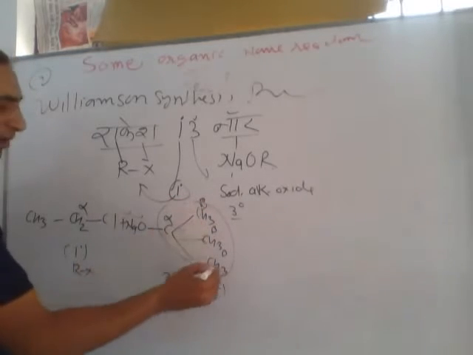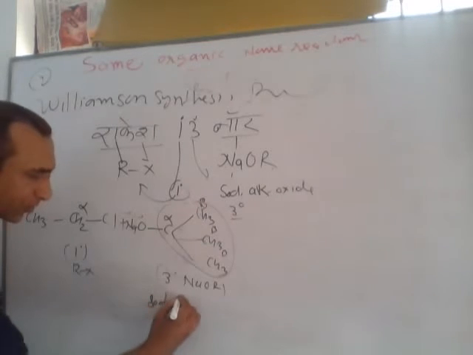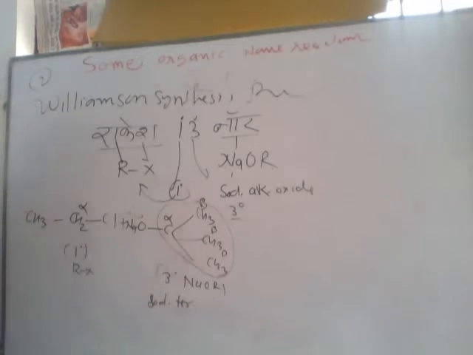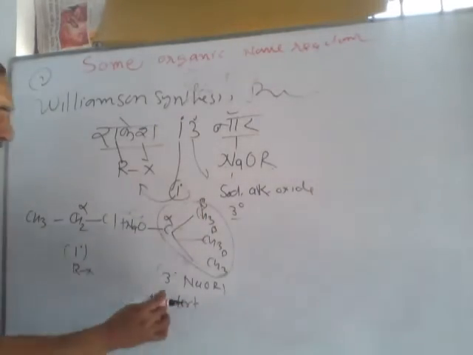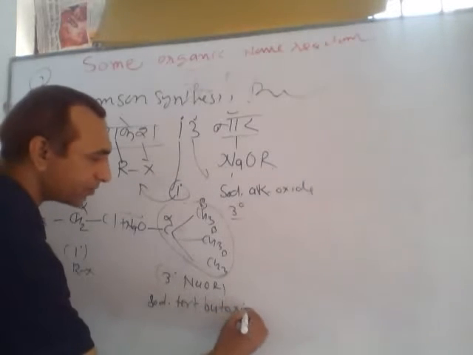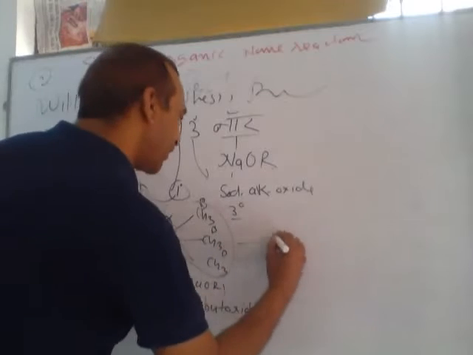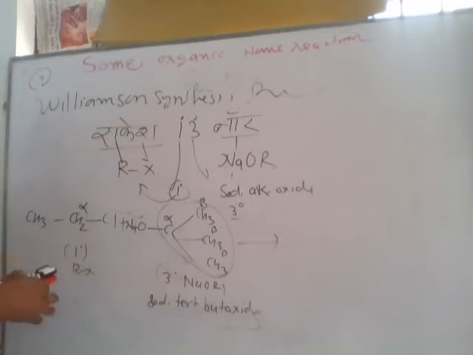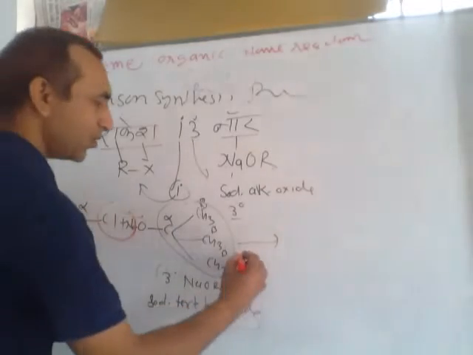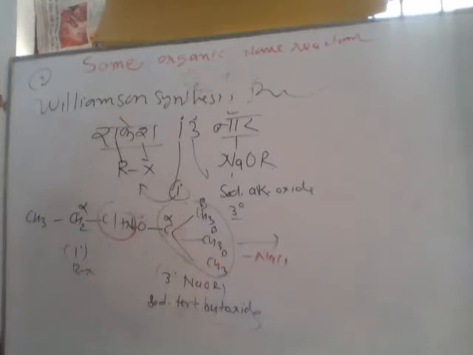There are 4 carbon atoms, so its name is sodium tertiary butoxide. After the reaction, simple, NaCl is removed from here, and ether is formed.